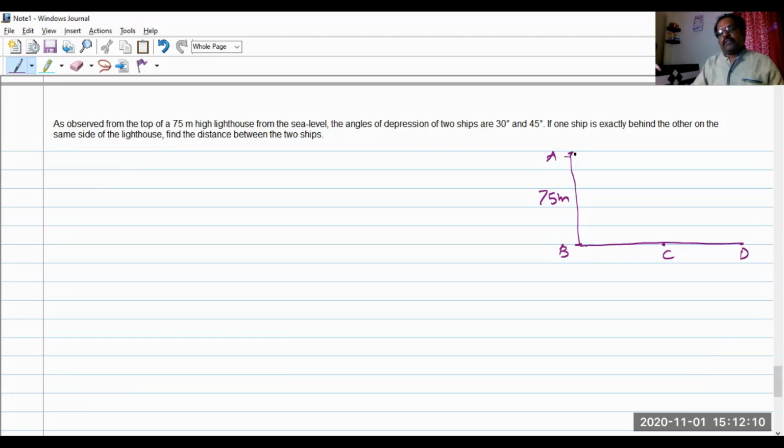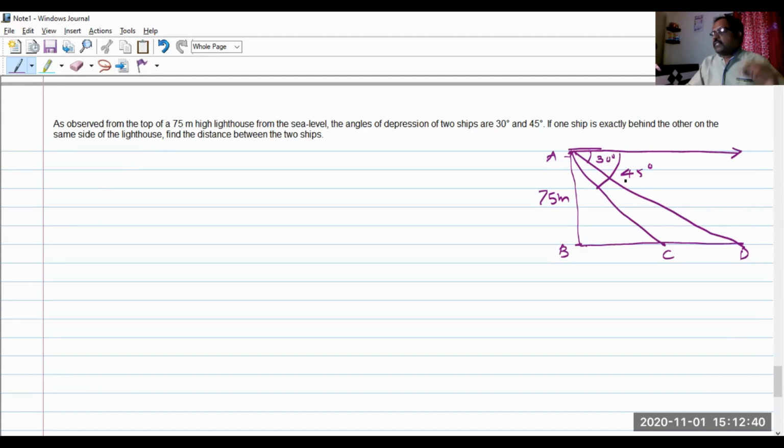So the angles of depression are given from the top of the lighthouse. To find the angle of depression we must know the eye level. The angles of depression are given as 30 degrees and 45 degrees. So this is a 30 degree angle and this will be a 45 degree angle, right?